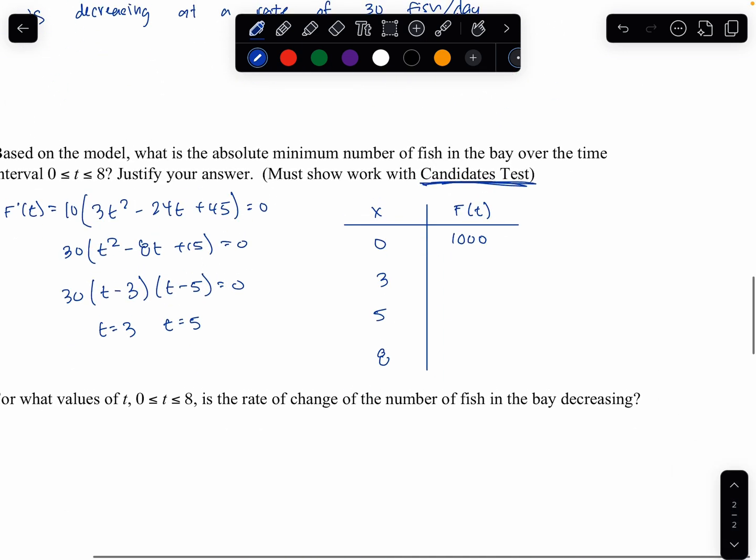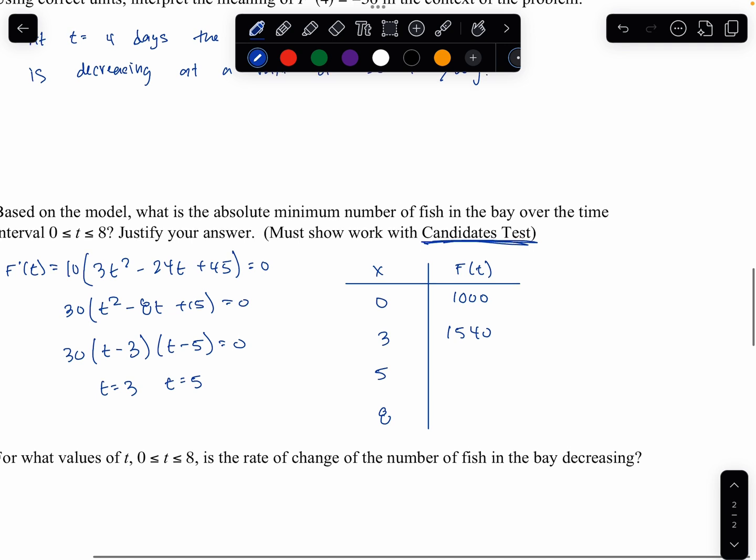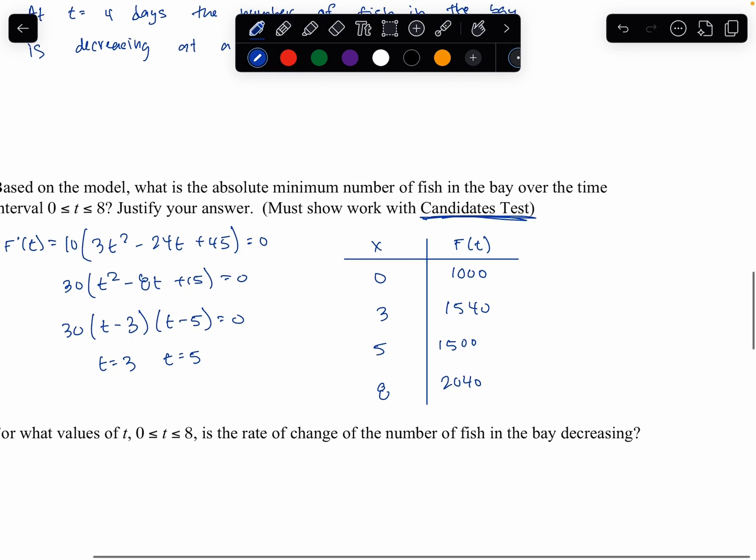And at t equals 3, I have 1540. Now I'm going to do 5, and I get 1500. And for 8, I get 2040. All right, so it seems that the minimum is going to be at x equals 0.